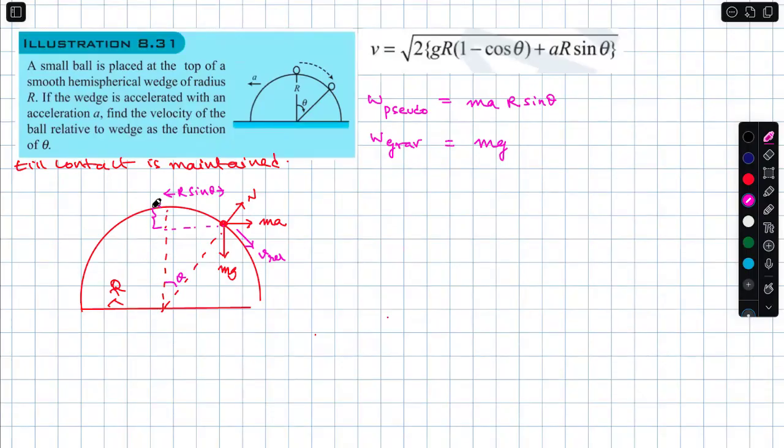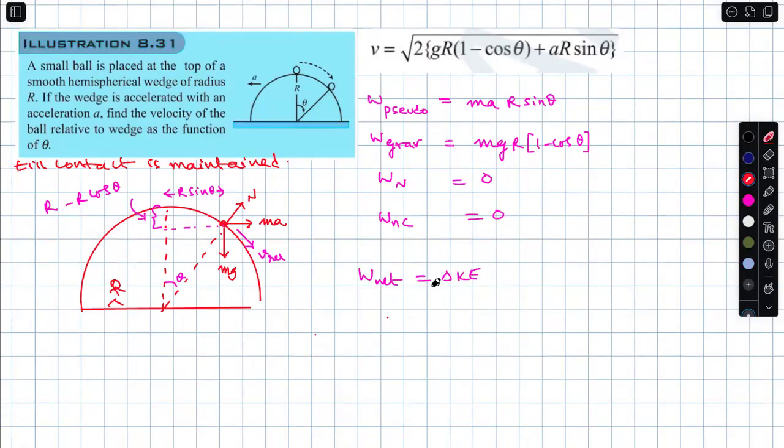The total is R, and this component is R cos theta. So what is this amount? R minus R cos theta. Any other force? Work done by the normal reaction force is 0. Why? Always it is perpendicular. Except this, there is no other force, no friction. So work done by non-conservative forces is 0. So net work done is the change in kinetic energy.